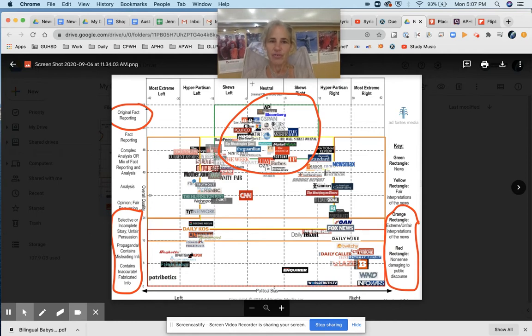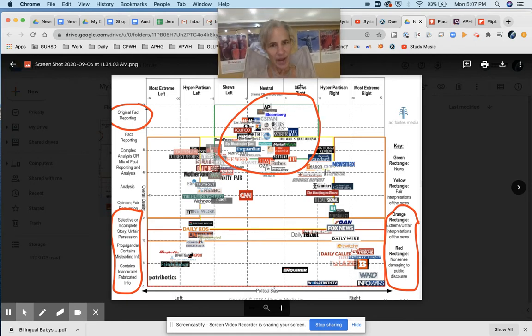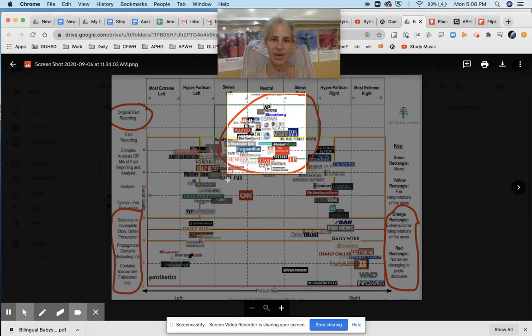Things that are pretty neutral, they may skew left, which means the topics they cover tend to be more liberal topics, like social programs or immigration or healthcare. And these articles may tend to skew to the right, which means they cover topics like business, and military, things like that.